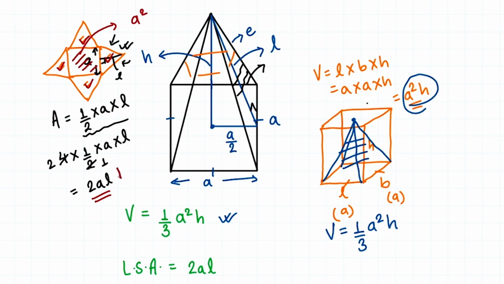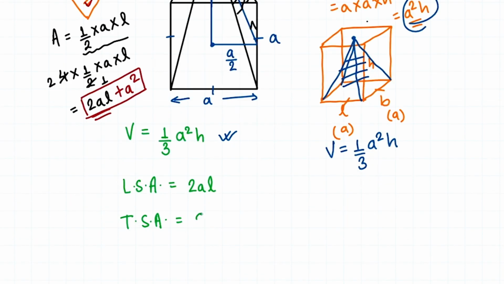So if we add A square with this 2AL, then we get the area of all the surfaces of this pyramid. And so our formula for total surface area of our pyramid is 2AL plus A square. Okay, so we're adding A square to the lateral surfaces so that we get all the total surfaces. So the formula of TSA is 2AL plus A square.